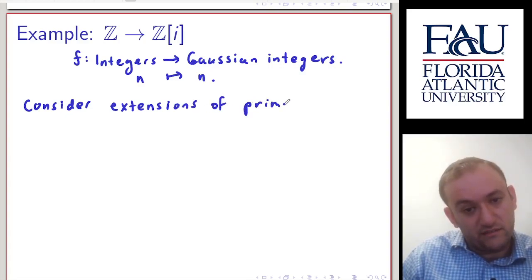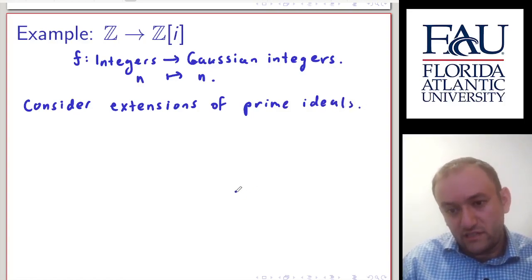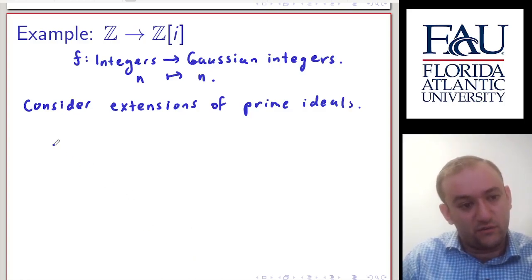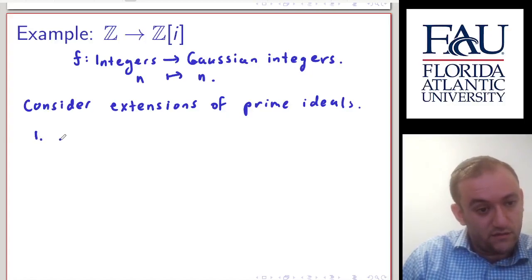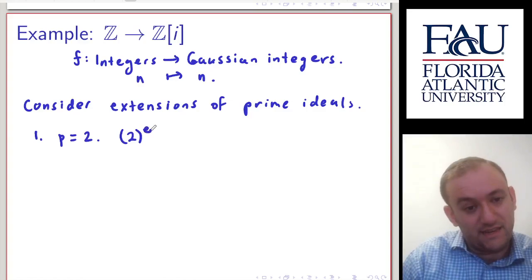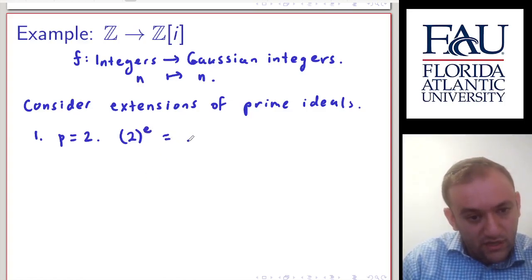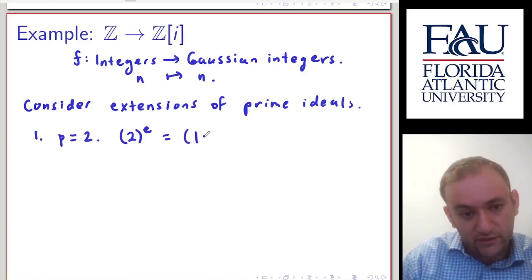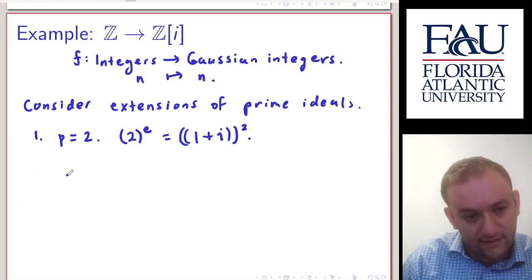And it turns out, to derive the details of this requires some significant work. There are a few different cases. The first case is p equals 2. Then the ideal (2), when we extend it along this homomorphism, becomes the square of the ideal generated by 1 plus i. Why is that the case?